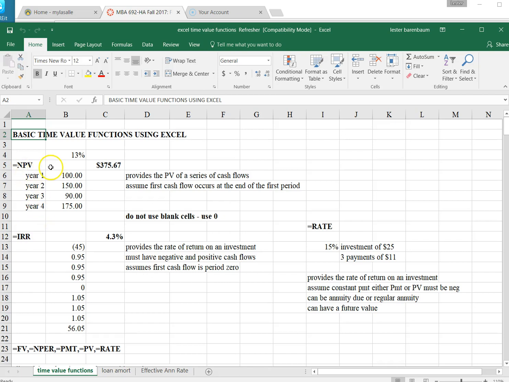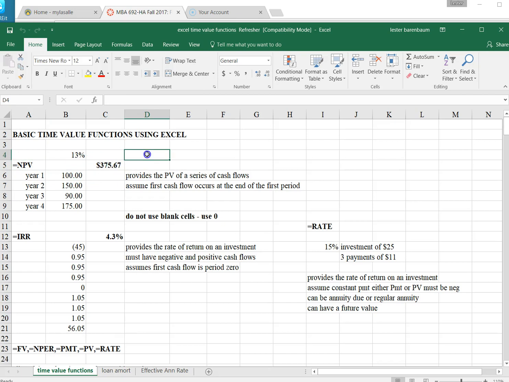For example, the function NPV represents the present value of a series of cash flows, not the net present value. The nomenclature of NPV is not the best, but again, it represents present value.